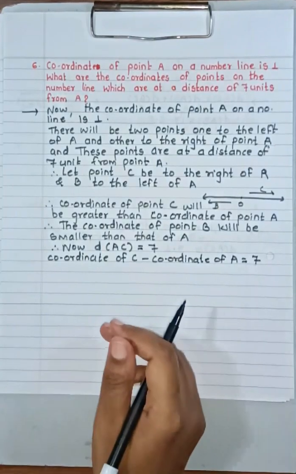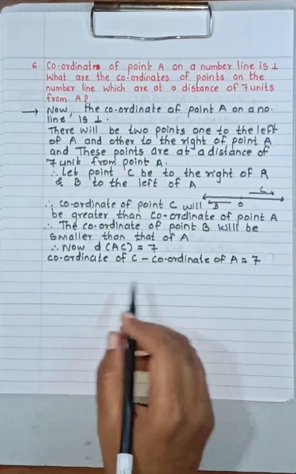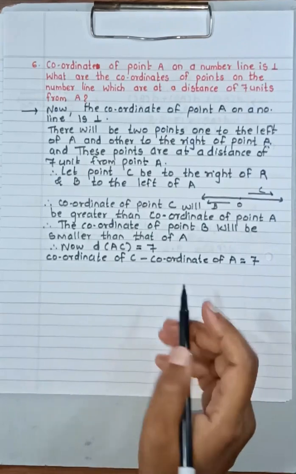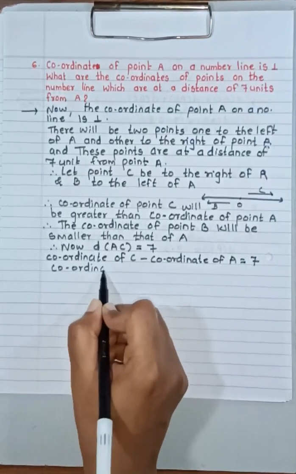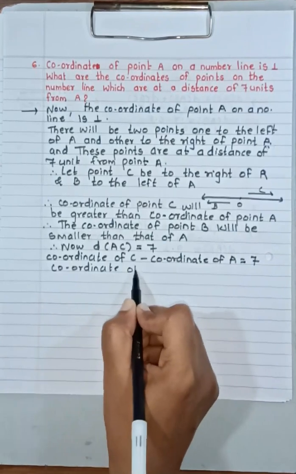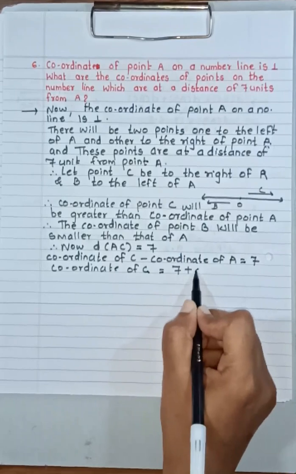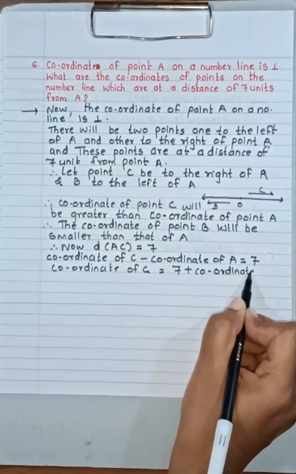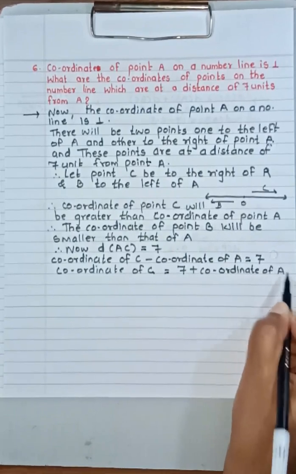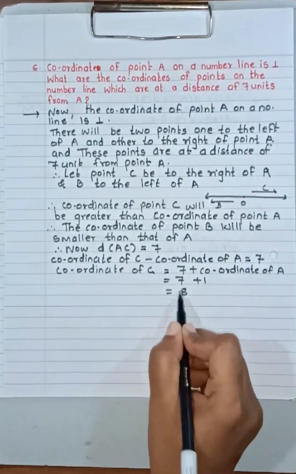Okay, therefore coordinate of C is equal to 7 plus coordinate of A, that is 7 plus 1, that is equal to 8.